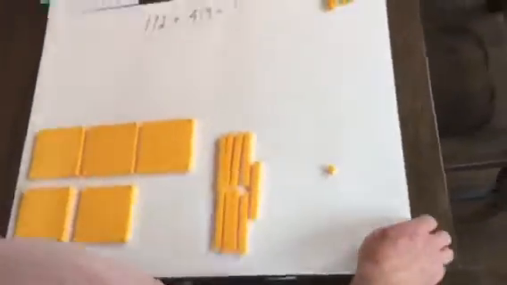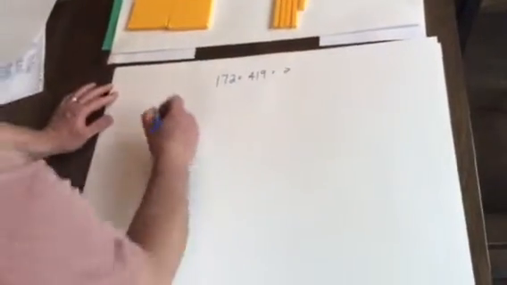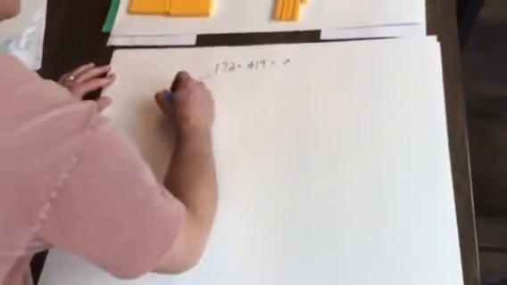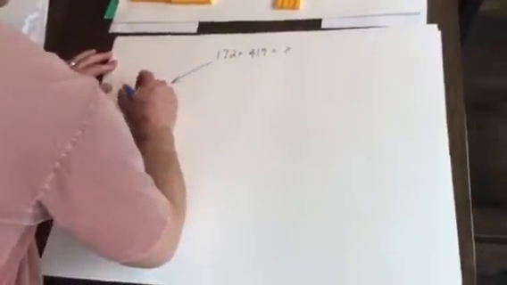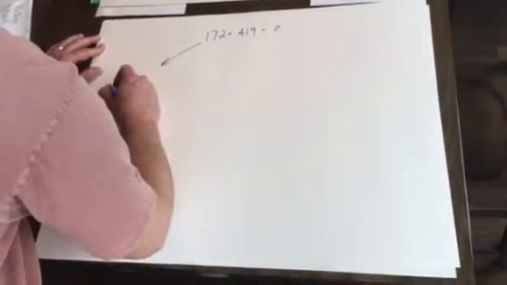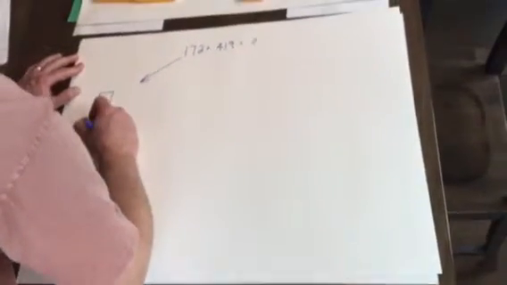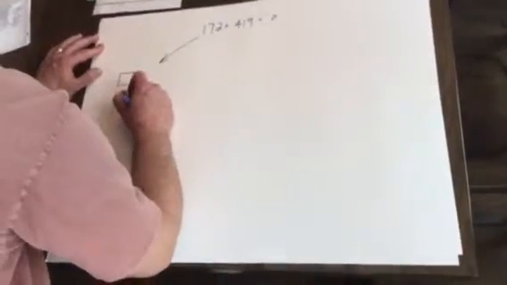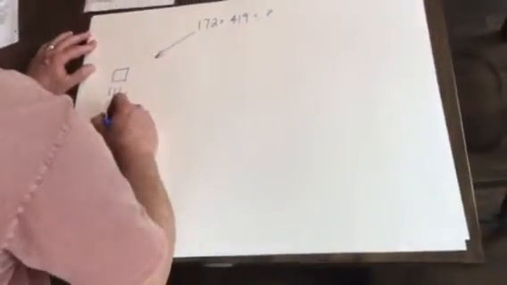So now we're going to look at a pictorial representation of this equation. What I'll do is draw. First of all, let's put the equation down. We're going to represent 172 as 100, 7 rods, and then 2 singles.